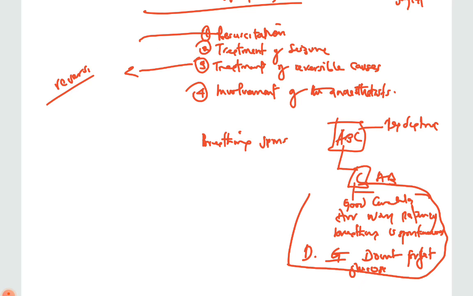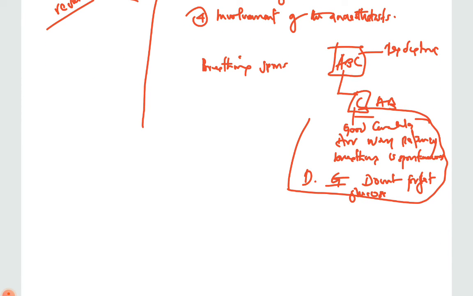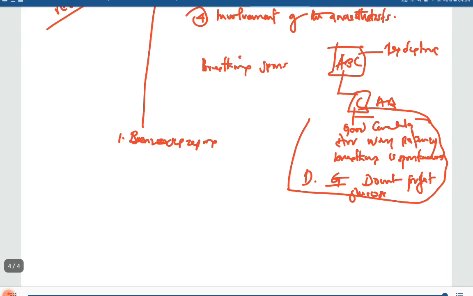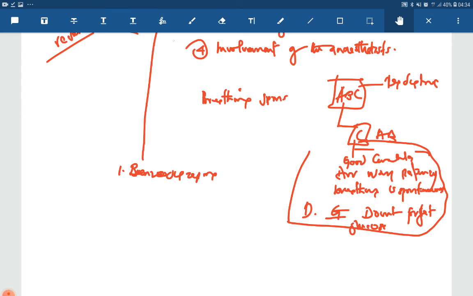But for the seizure episodes, there are 3 steps in the treatment. One is the use of benzodiazepine, and in this case, that's the use of lorazepam, particularly.